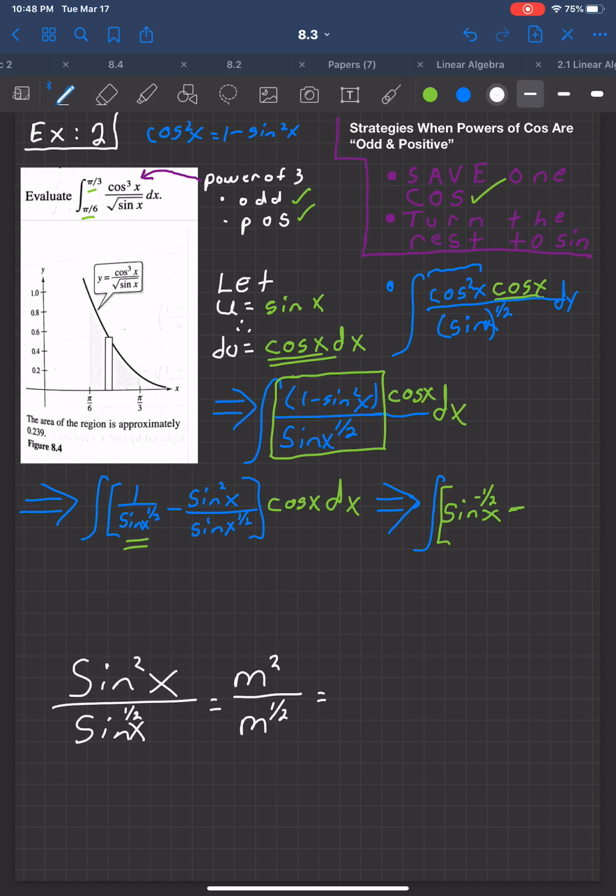Well, that's just m to the power of 2 minus 1/2, or m to the power of 3/2, right? So that is what I'm going to write, except instead of an m, I'm going to have a sine. So this is sine of x to the power of positive 3/2. All right, and I still have my cosine and I still have my dx.